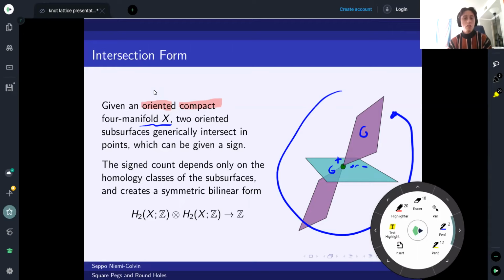And the sign count depends only on the homology classes of the subsurfaces, and then creates a symmetric bilinear form on the second homology to the integers by doing these counts of intersection points. And this is called the intersection form, which is already allowing us to give extra structure to our second homology that is telling us interesting things about our manifold, how these surfaces inside them interact.